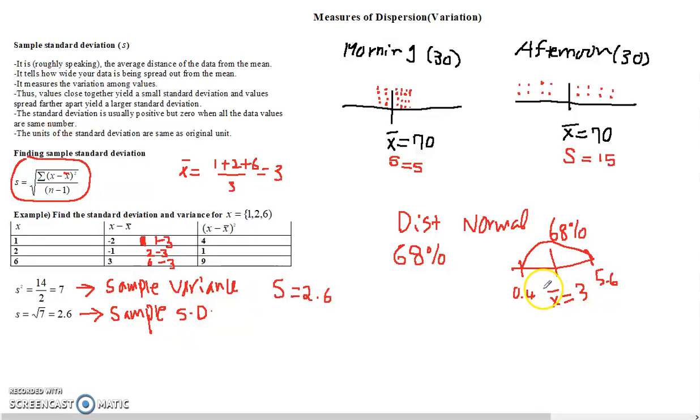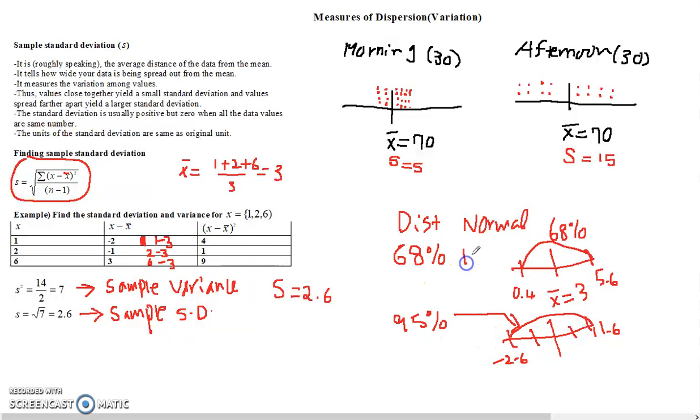Now, 95% is going to lie within 2 standard deviations. Same kind of thing. You've got 1 standard deviation here, now you've got 2 standard deviations. So pretty much most of the data is going to fall into this range.